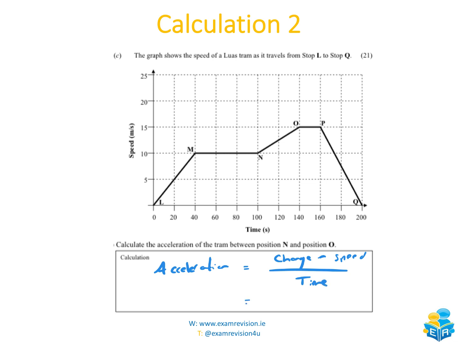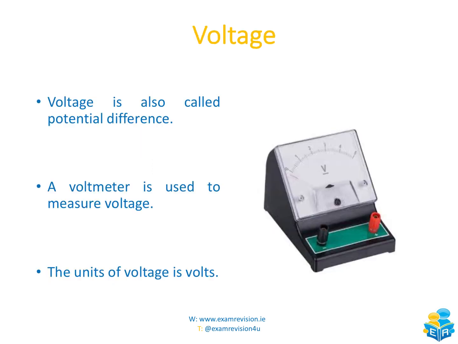So the change in speed when we went from 10 to 15 was 5 metres per second. The time between N and O, so N was 100 seconds, O was 140 seconds, that's 40 seconds. If we put that in our calculator, we get 0.125 metres per second squared. Okay, so 5 divided by 40 is 1/8 or 0.125 metres per second squared.